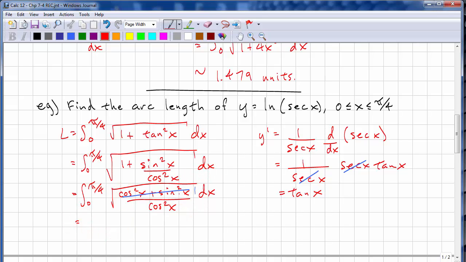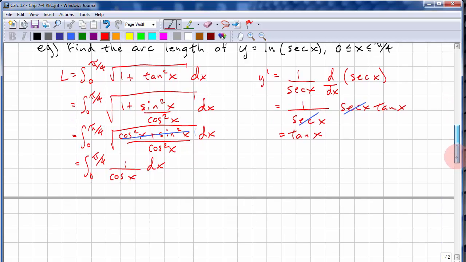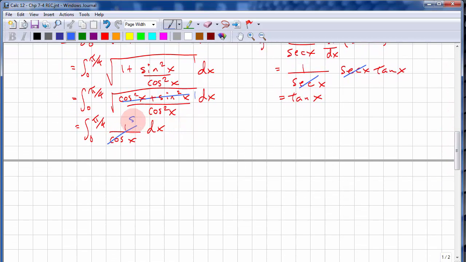That's our Pythagorean identity. And now we can take the square root of this because it's a perfect square. And the identity for this is secant x.